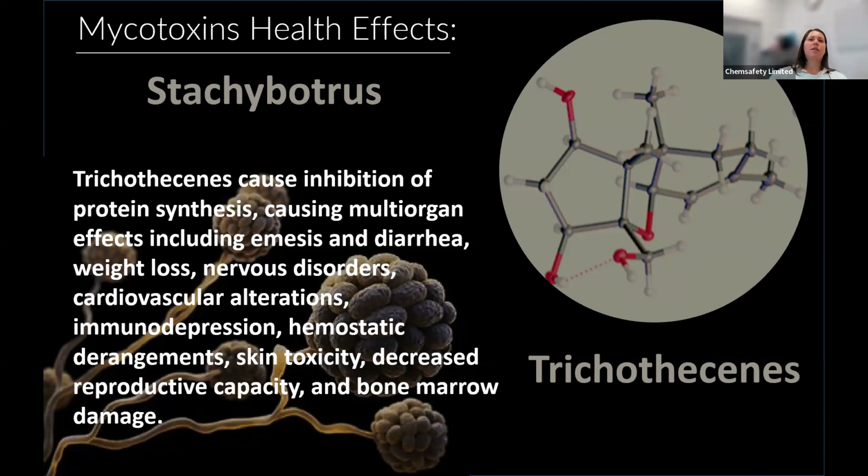Stachybotrys, however, is also not the only fungus that can produce this toxin. Fusarium and Myrothecium can also produce trichothecenes. This also includes the T2 toxin and deoxynivalenol.